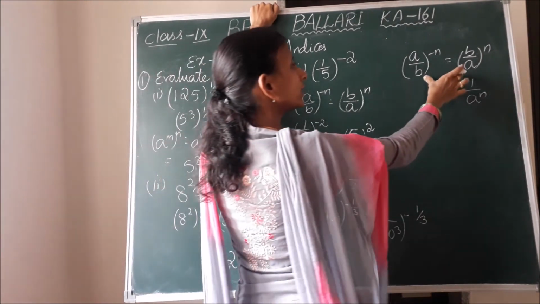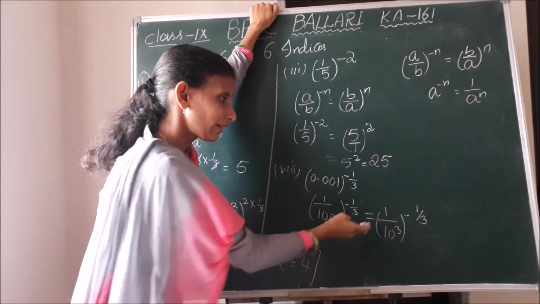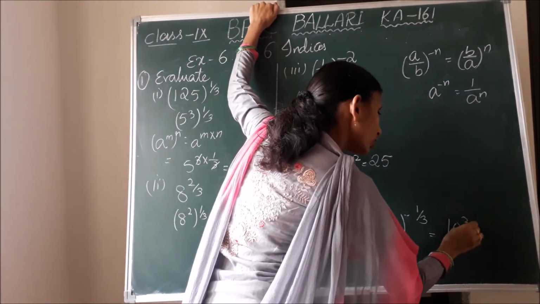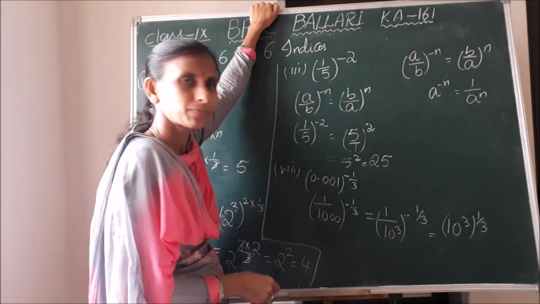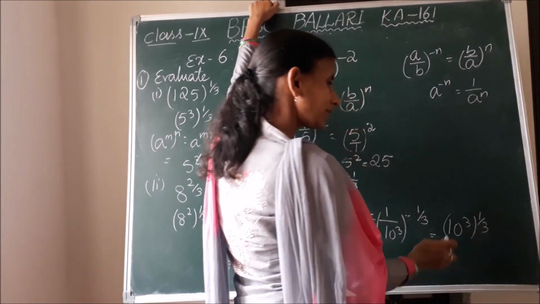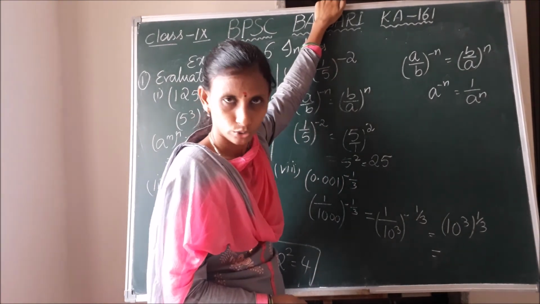So according to this law, a by b whole power minus n, what we can write this? We can write this as 10 cube whole power 1 by 3. So 10 cube power 1 by 3 means a power m whole power n, a power m into n.